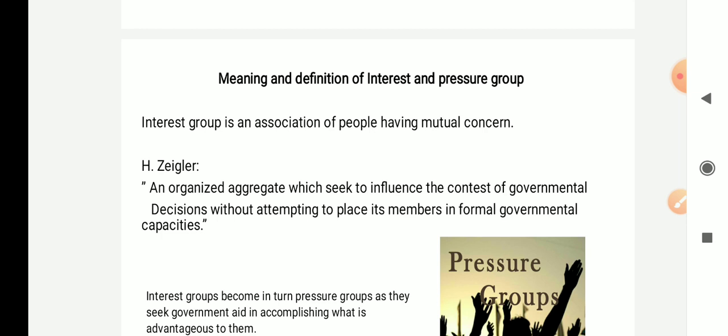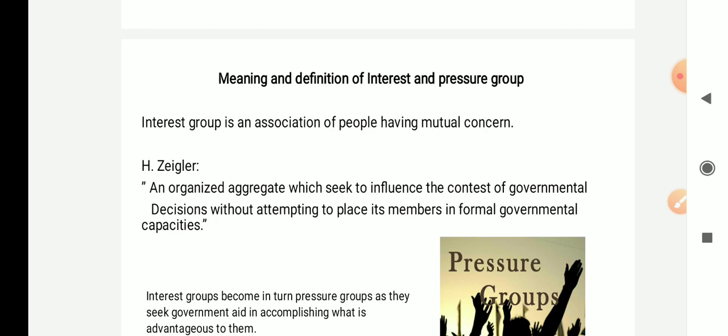And in this age, we need so many organizations to protect our rights, and along with political parties, there are many other groups depending on the nature of our society. As our society is a pluralistic society, we have several groups that have come into existence for the protection of special interest of the people.